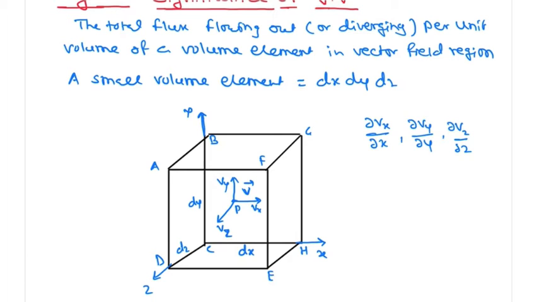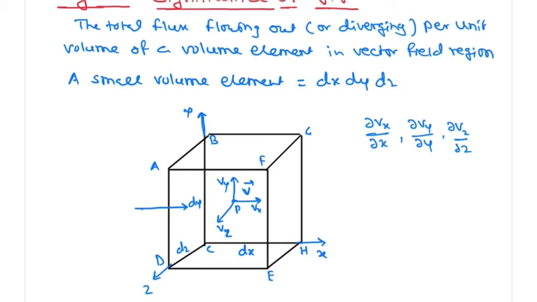Now we find the magnitude of the x component of vector point function at the center of the face ABCD, and that is directed into the volume element.